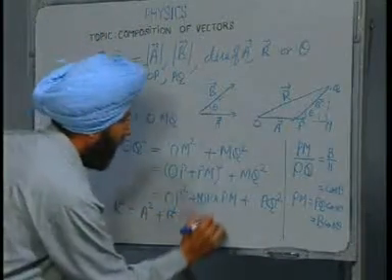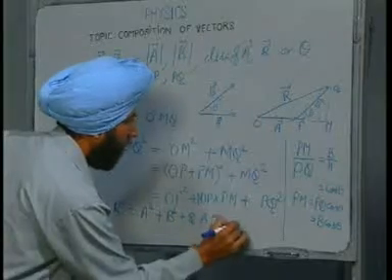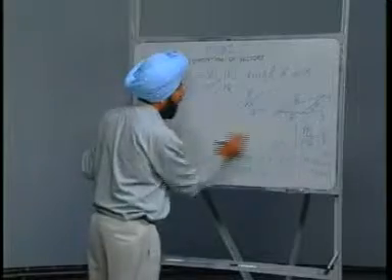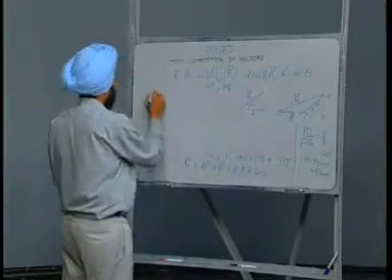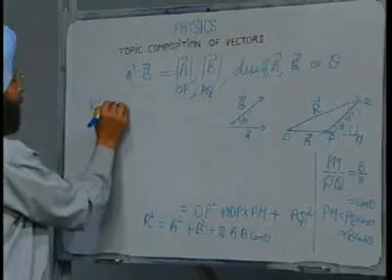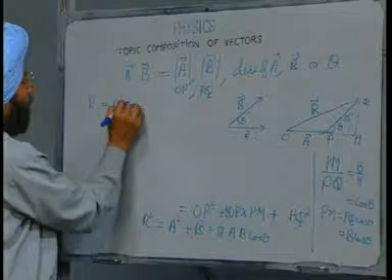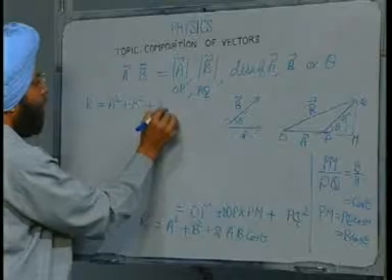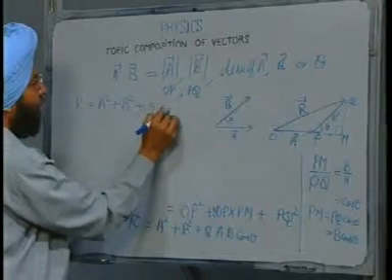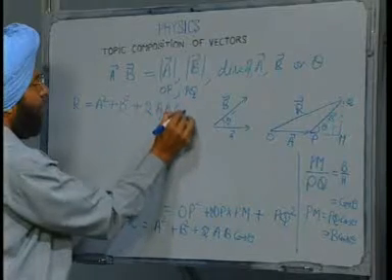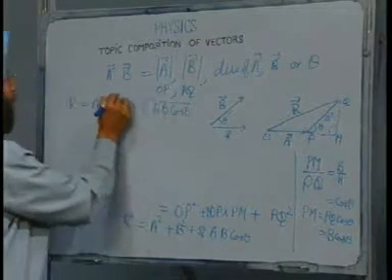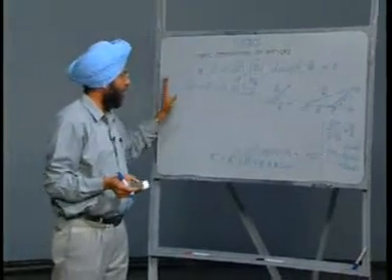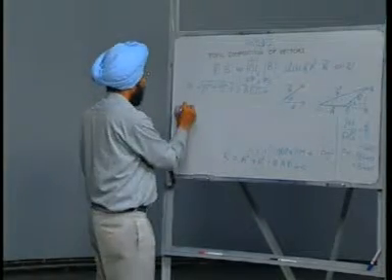So, this is A B cos theta. So, we have found the magnitude of R. Magnitude of R is equal to the square root of the magnitude of one vector squared plus the magnitude of the second vector squared plus twice the magnitude of the first vector, the magnitude of the second vector, cosine of theta, the angle between them. So, this will give us the resultant magnitude.